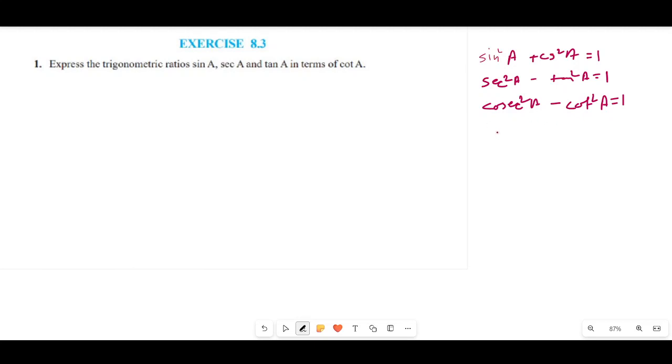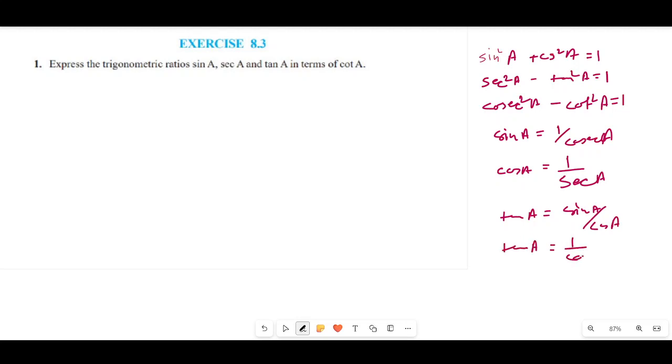Then sin A is the reciprocal of 1 by cosec A, and cos A is the reciprocal of 1 by sec A, and tan A is the reciprocal of cot A. Since tan A equals sin upon cos A, we can write tan A as 1 by cot A. So these formulas are very applicable for solving the problems of exercise 8.3.